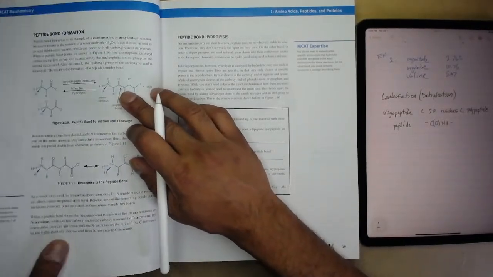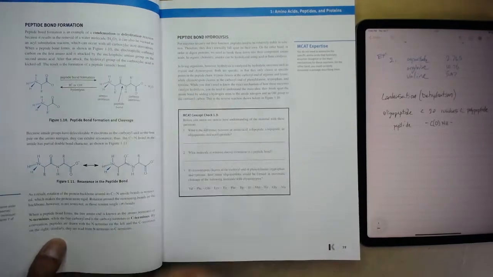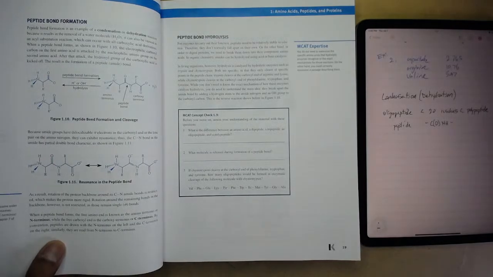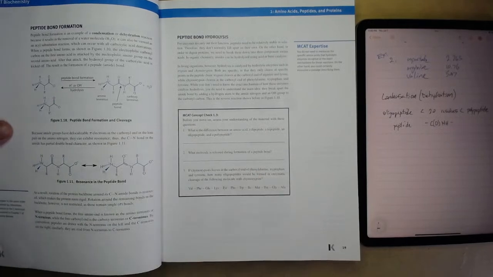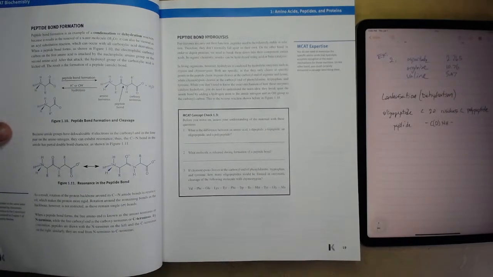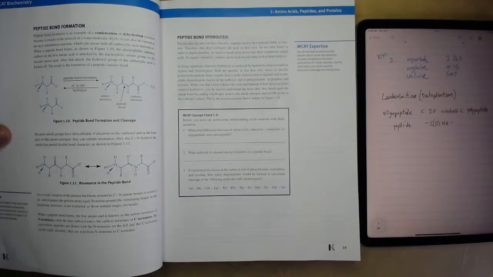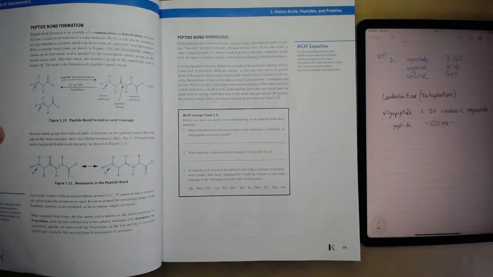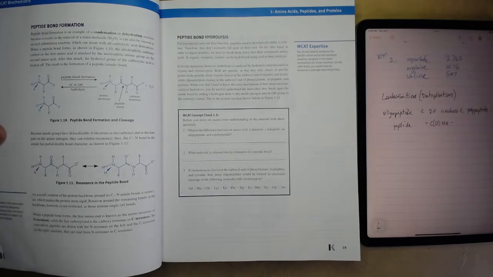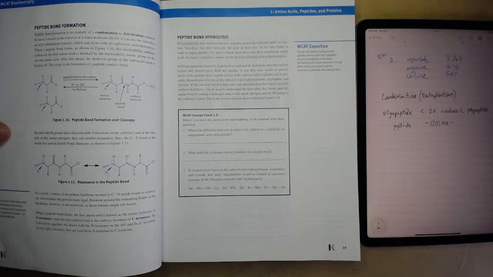Peptide bond formation is an example of condensation or dehydration because it results in the removal of a water molecule, H2O. It can also be viewed as an acyl substitution reaction, which can occur with all carboxylic acid derivatives. When a peptide bond forms, as shown in figure 1.10, the electrophilic carbonyl carbon on the first amino acid is attacked by the nucleophilic amino group on the second amino acid. After that attack, the hydroxyl group of the carboxylic acid is kicked off.